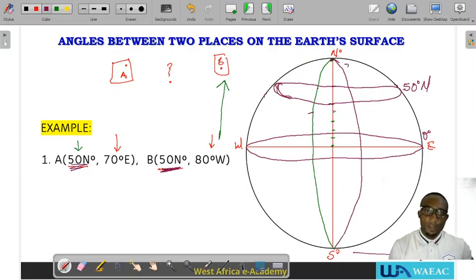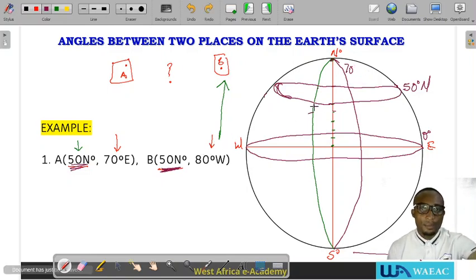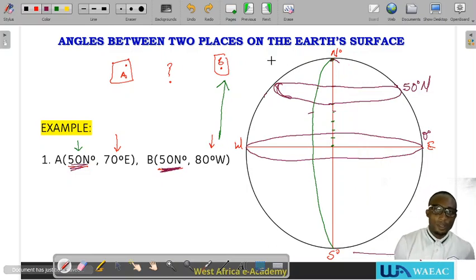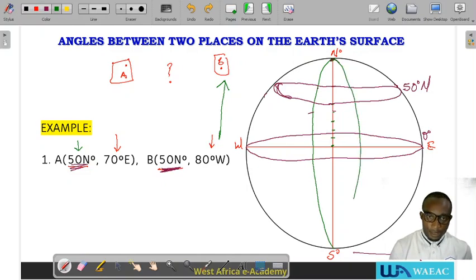So this is 70 degree east. If you look at it very well, we have a point here, and this point is point A.